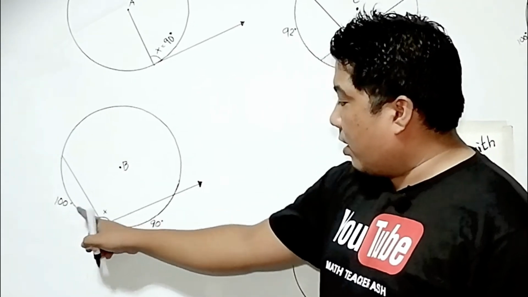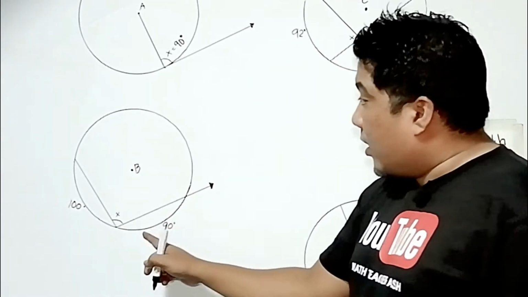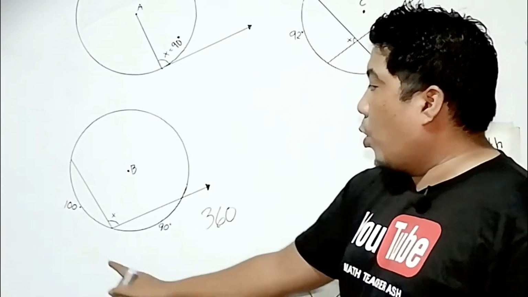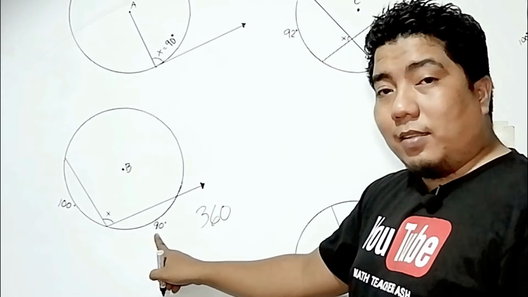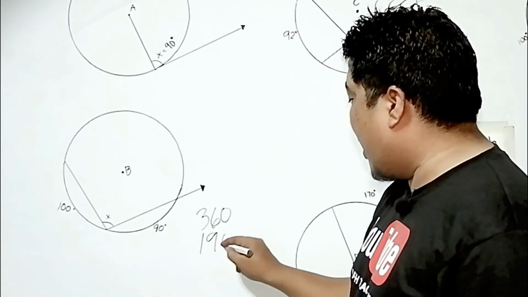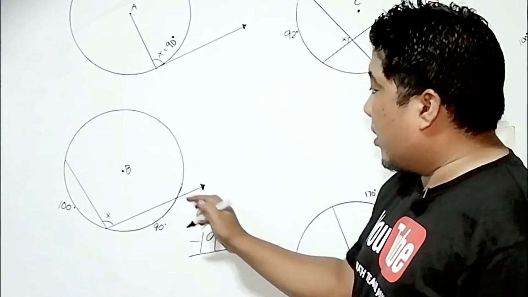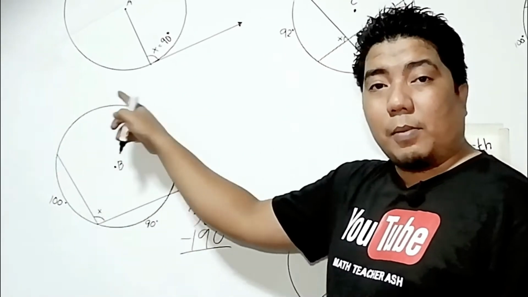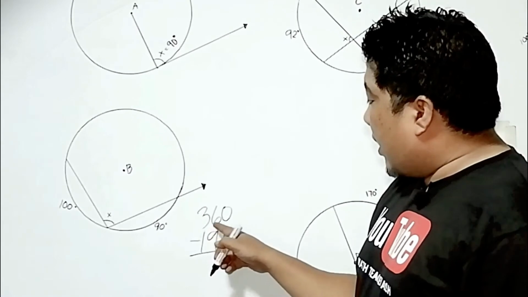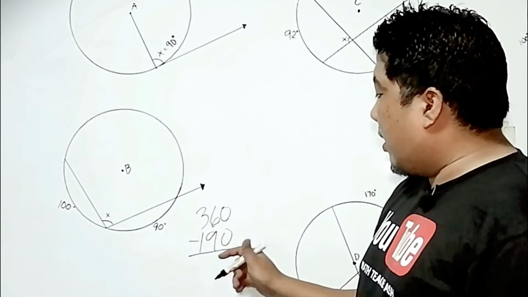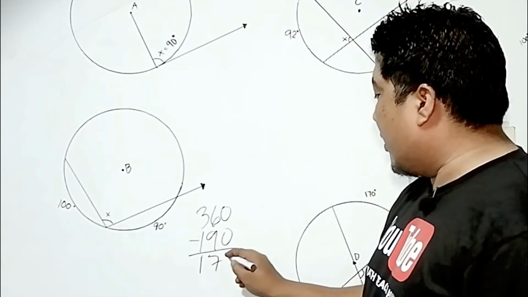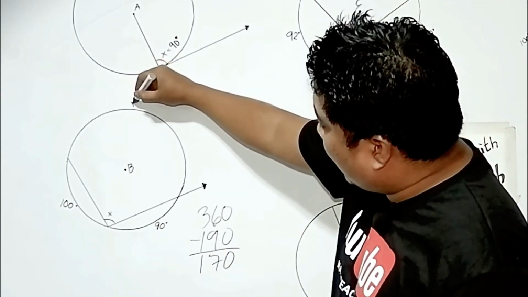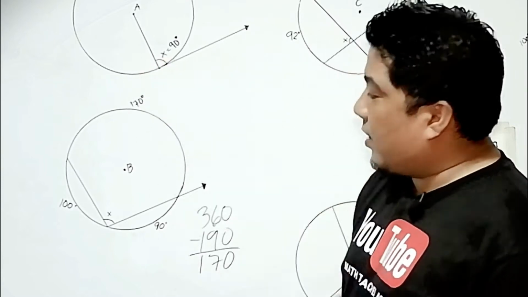We have 100 here, and we have a 90 here. The whole circle is 360, right? So, 100 plus 90 is 190. If you subtract it, the remaining arc is the measurement of our intercepted arc. So, 360 minus 190 gives us 170. Therefore, the measurement of the intercepted arc is 170 degrees.